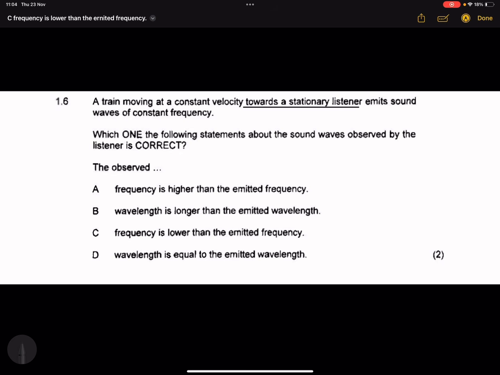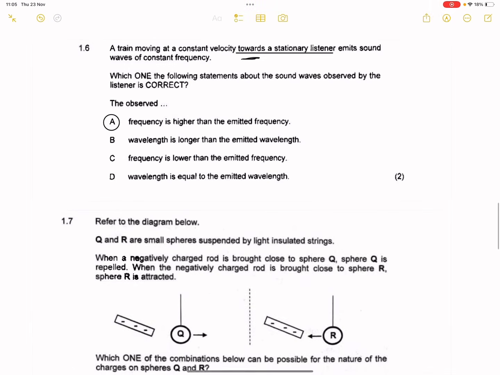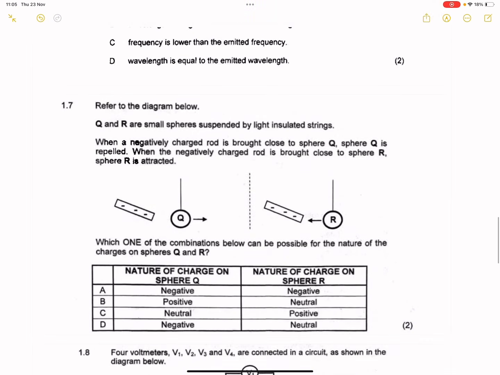Okay, so we need to remember the train is moving towards, so definitely the observed frequency should be higher than the one that is emitted. Okay, so the observed frequency is higher than the emitted frequency, definitely. I don't need to discuss that further. Our answer is A there.